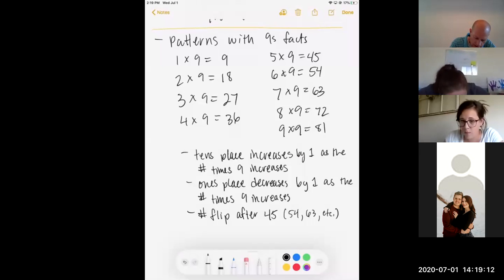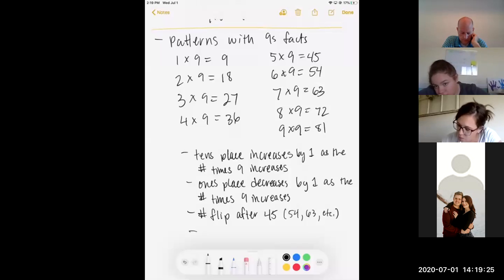Okay, great. Any other patterns? Maybe some patterns with the problem and the answer. So the factors compared to the products. We did a little bit by increases and decreases. What about the numbers themselves?